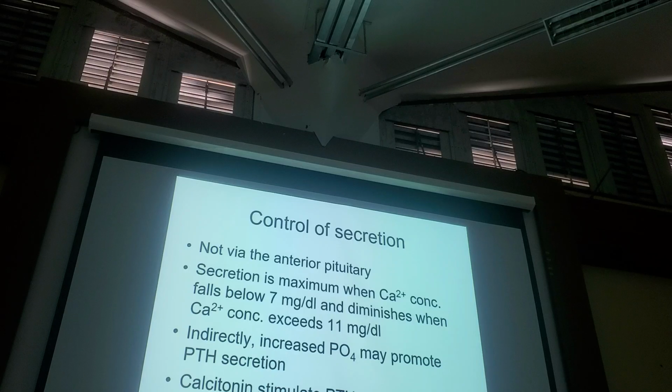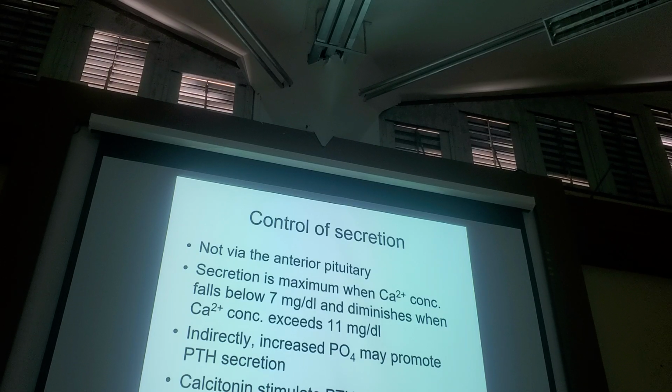Now, the physiology of the control of secretion. This is also important. Remember, when we talked of hormonal control, we are talking of it from the hypothalamus to the anterior pituitary to the endocrine organ. And we also said that there are exceptions to this rule. Even though that's the general pattern, this is one exception.